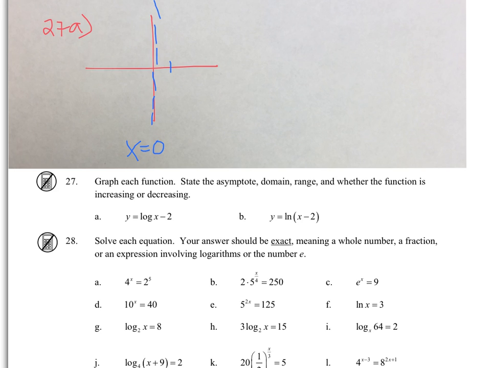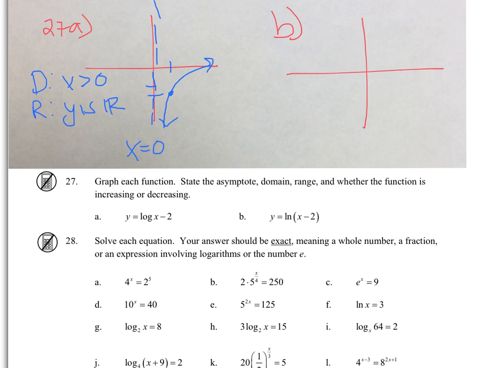So log base 10 of 1 is 0, minus 2 is negative 2. Because the base of log is 10, the graph is increasing. So the asymptote is x equals 0, domain x is greater than 0, range y is all reals, and it's increasing.